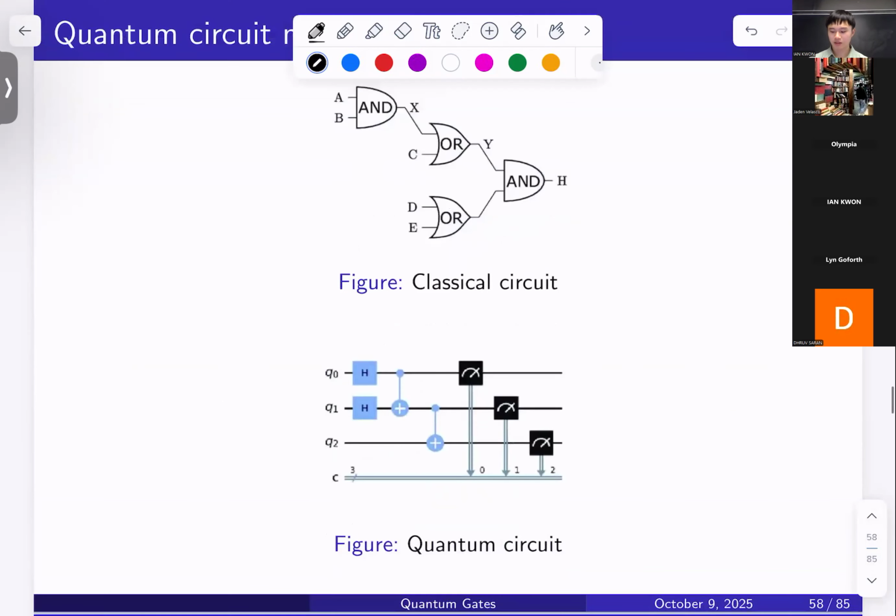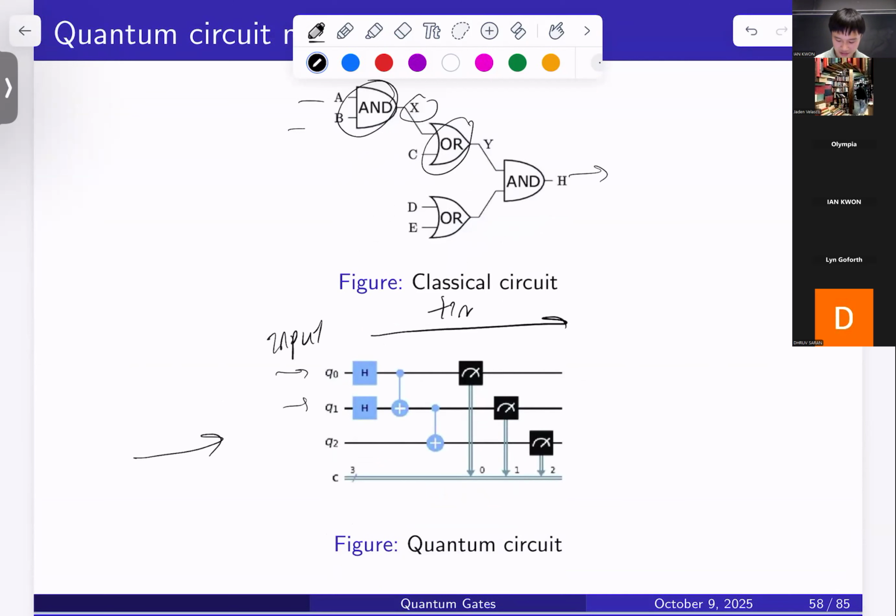But before we get there, just to talk about how we'll represent all these qubits and how we act on them: just like classically we have input bits, intermediate bits, and output bits, represented by lines going through, and then you act on them with gates such as AND or NAND, we're going to do the same thing in quantum where we have our input qubits. You read this left to right, so this is sort of like a time axis, or the order of what you're doing. And you have your qubits.